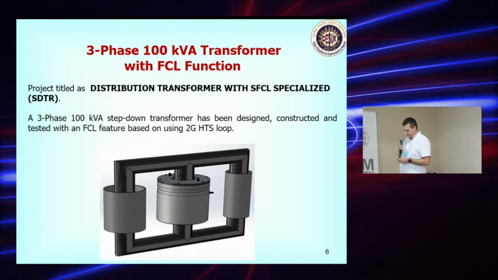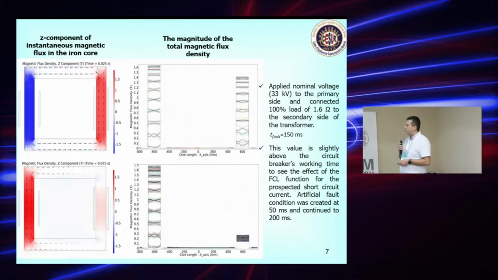What is the difference I want to show here? This is a conventional transformer. This is the primary side and this is the secondary side, and there is no superconductor here. These are the conventional ones, and this is before.